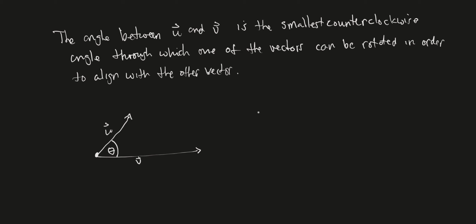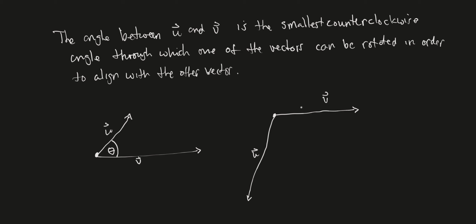What if they are positioned like this? So let's say this is V, and then let's say this is U. Then again, the smallest, so let me write this. Here is V, here is U. Then for the smallest counterclockwise angle, actually, I would start with U and rotate it this way.